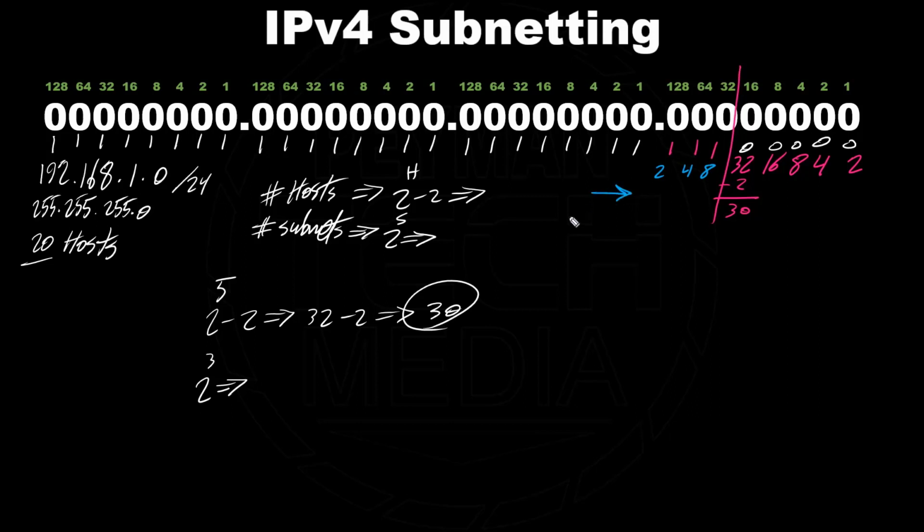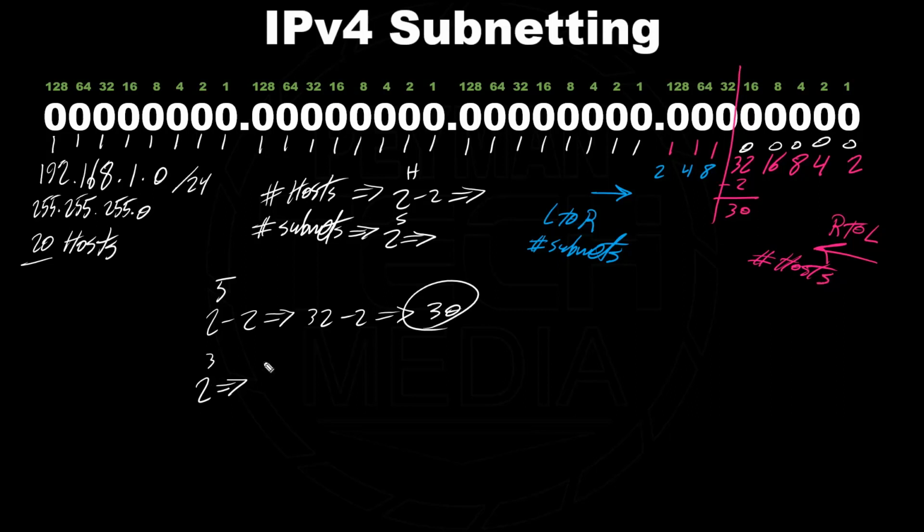So left to right, starting with number 2, that's for the number of subnets, and going right to left, starting with number 2 and then at the end minus 2, that's the number of hosts. This is also another way to find out.